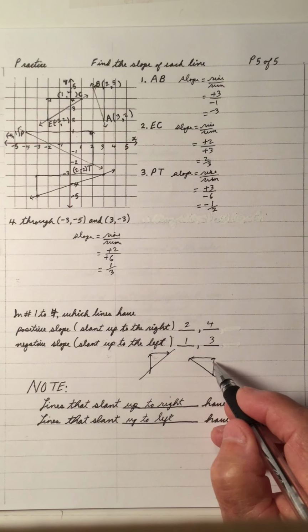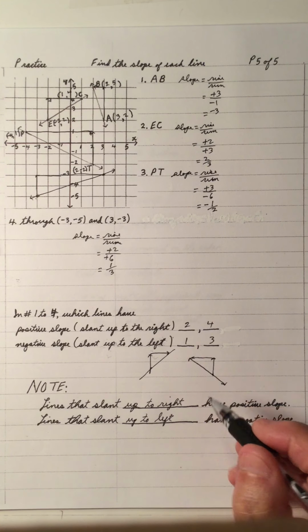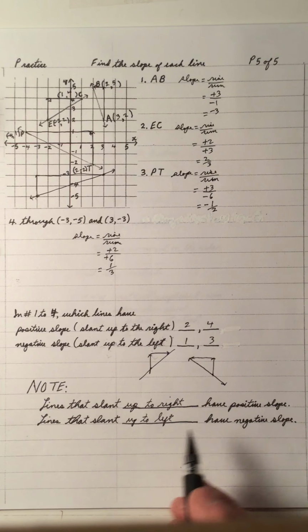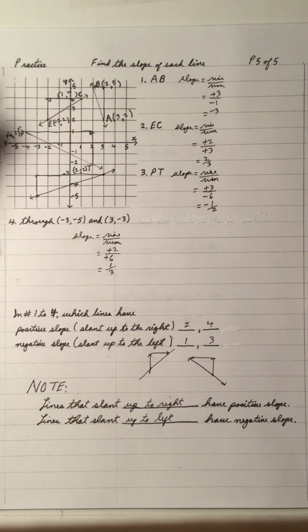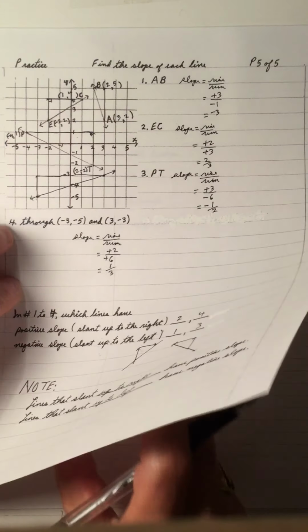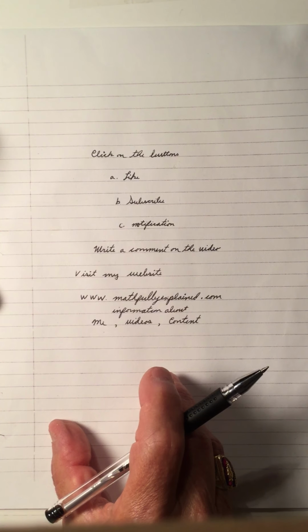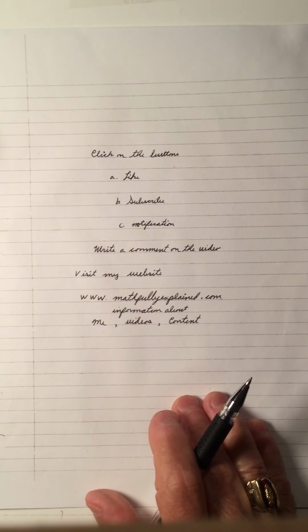You can also say that you can go down and to the right, but I'm being consistent that positive slopes will go up to the right, negative slopes will go up to the left. So this is a complete review of finding the slope of a line from two points on a graph, or plotting the points, but it's from looking at a graph.